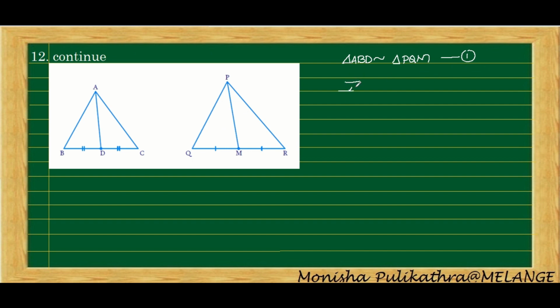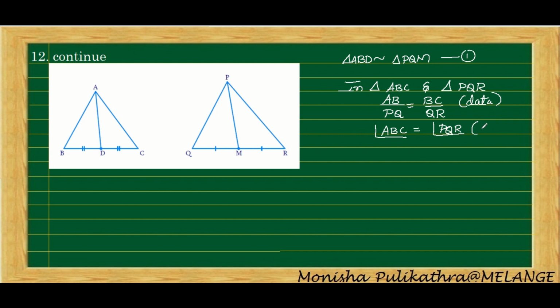Now we have to compare the whole triangles, triangle ABC and triangle PQR. So in triangle ABC and PQR, what happens? AB by PQ is equal to BC by QR as per the data. In the question itself they have given that AB by PQ is equal to BC by QR. Next, this angle B is equal to angle Q. So angle ABC is equal to angle PQR.